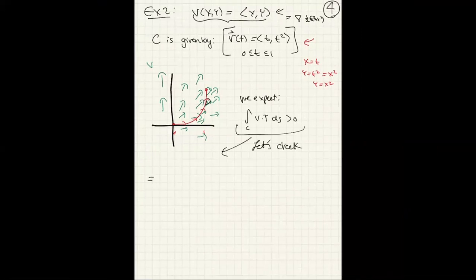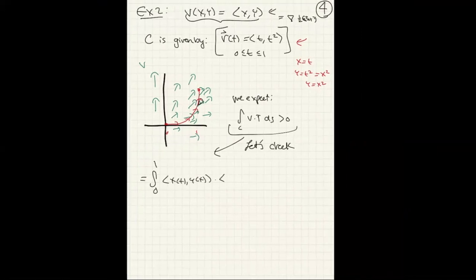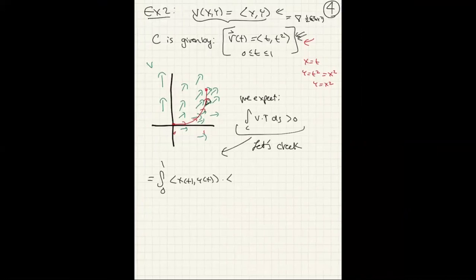This is the integral from 0 to 1 of x of t, y of t, dotted with r prime of t. I'll do that really quickly. We're taking the derivative of this, and that's 1 comma 2t dt. Remember, x of t, y of t is t comma t squared.